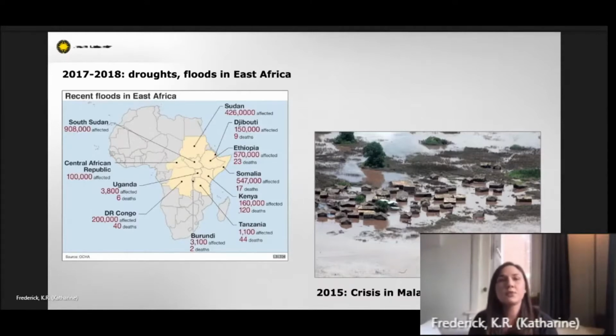And then when it did come, the rains were too fast and too heavy, basically flooding croplands, destroying homes, and displacing hundreds of thousands of people, and at the same time creating really widespread food insecurity because crops could not be produced as they normally would be.